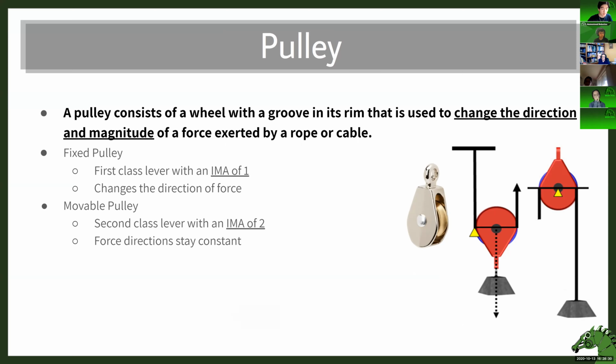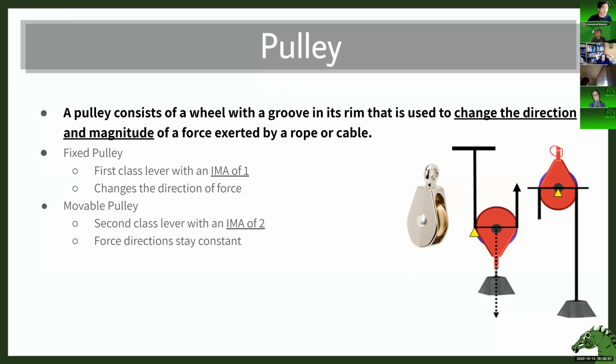If you notice the locations of the pivots or the fulcrums here, this one is the fixed pulley. It's just stuck here and there's a rope going over. So this is a first class lever, and it's a symmetric first class lever, so the distance from the fulcrum is equal on both sides.